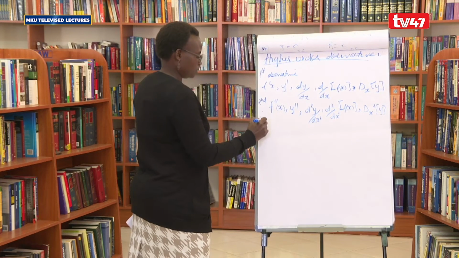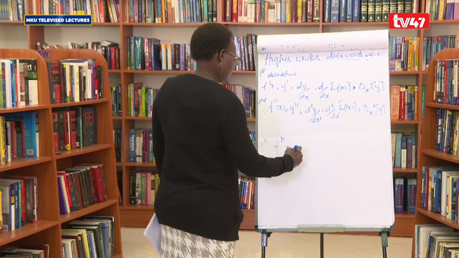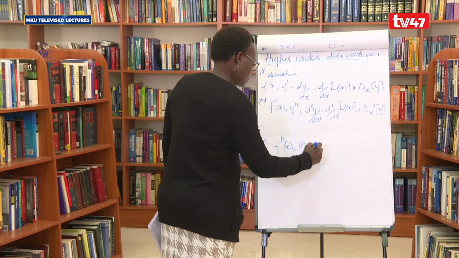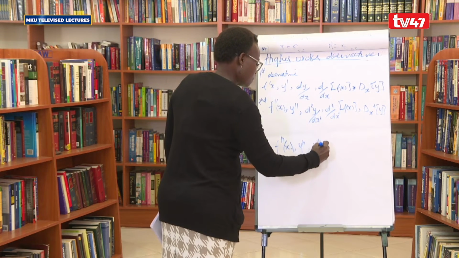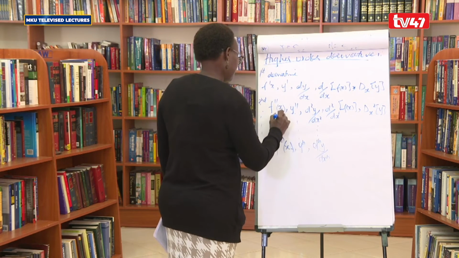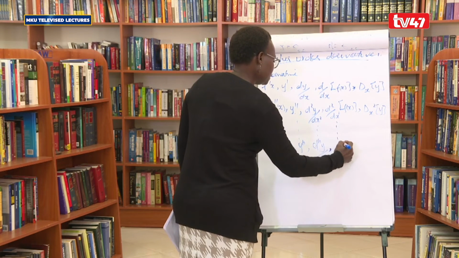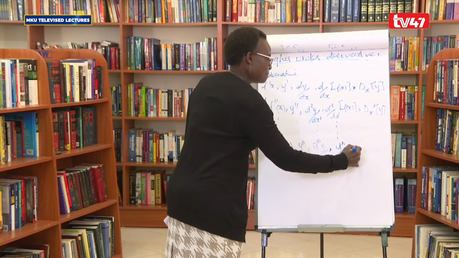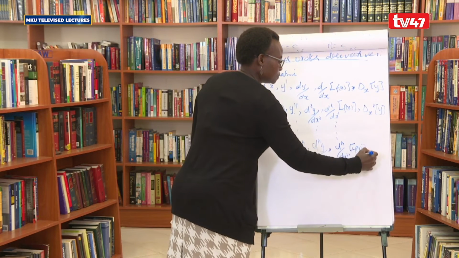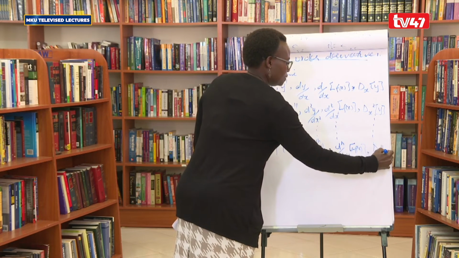So that continues up to the nth derivative, so that will be f to the n of x, y to the n, and then d n over dx n of f of x, and then this last one would give us d n over dx n of y.